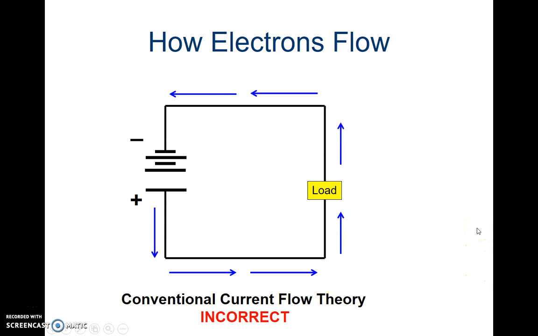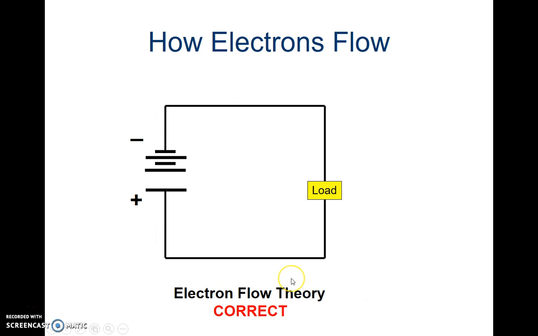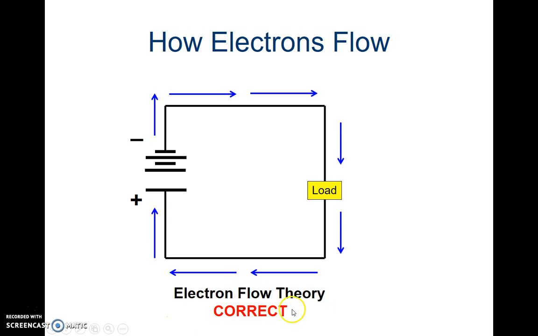Instead, what we found is that there's this thing called electron flow theory, and that states that electrons start at the minus end, the negative end, and move their way around the circuit to the positive end of the circuit or battery. Okay? So electron flow theory is the one that's correct. Make sure you have both of those names down and know which one is right and which one is wrong.